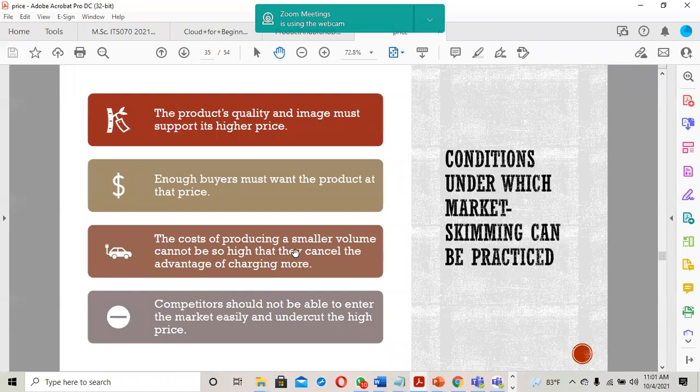Now these are the conditions under which this skimming strategy might be successful. Product quality and image, definitely. A person who has used an iPhone knows that its quality is unparalleled, right? 2 GB RAM from an iPhone cannot be directly compared with 2 GB RAM from a Samsung phone.